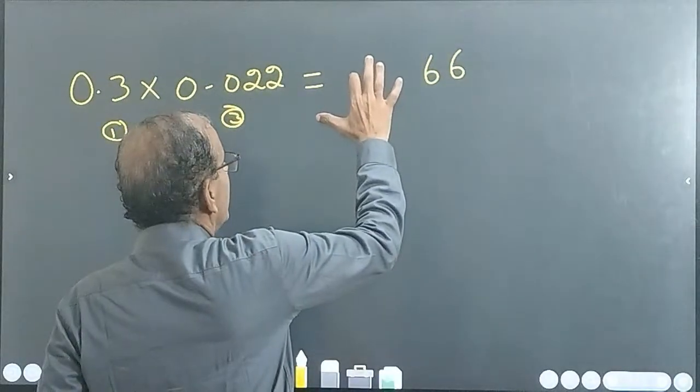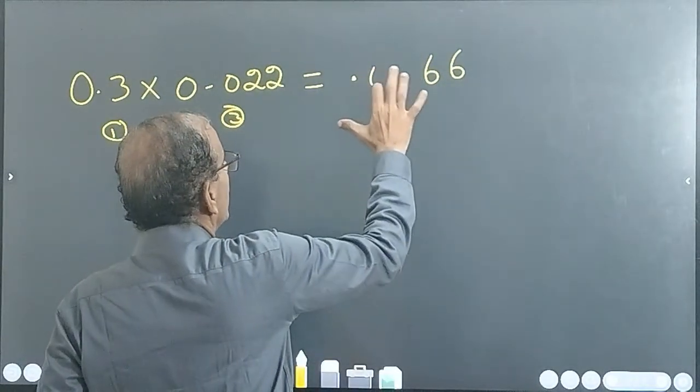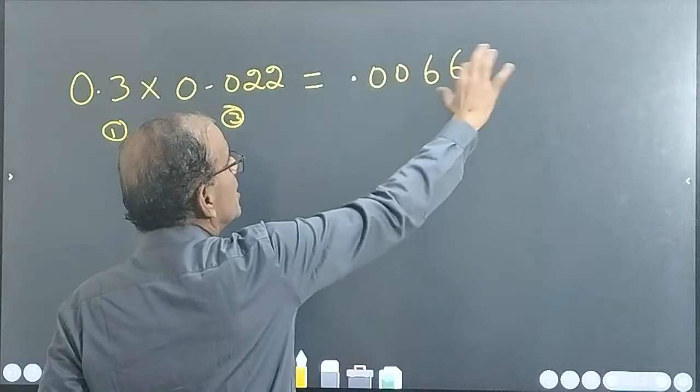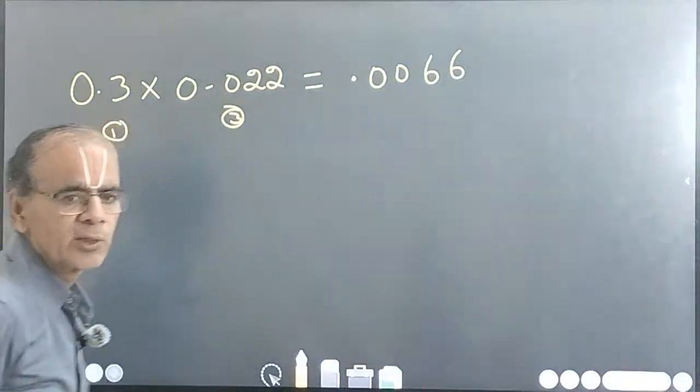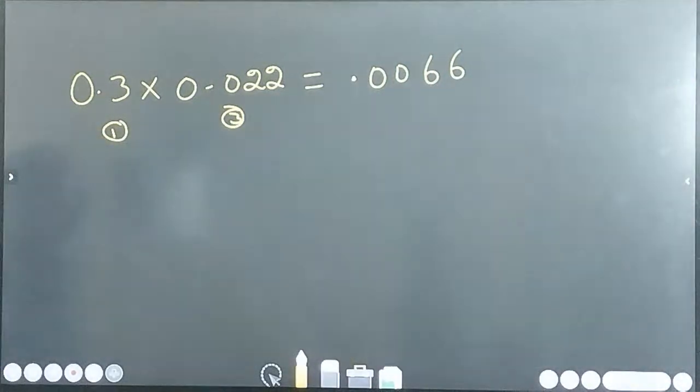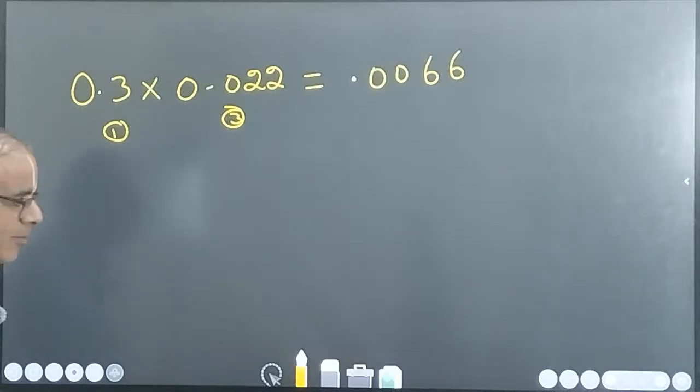You add both. That is 4 digits. After the dot, my answer should contain 4 digits. You put 0, 0 here. Don't put 0, 0 on that side, it doesn't have any value at all. So what is the answer? 0.0066. This is the answer.